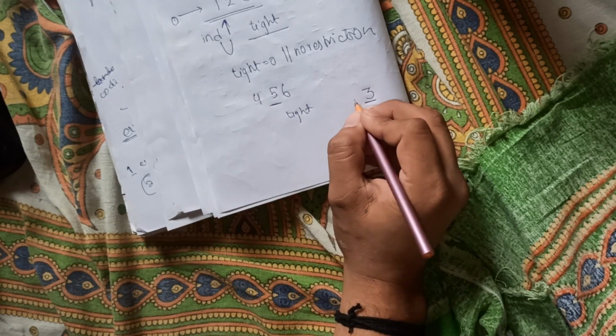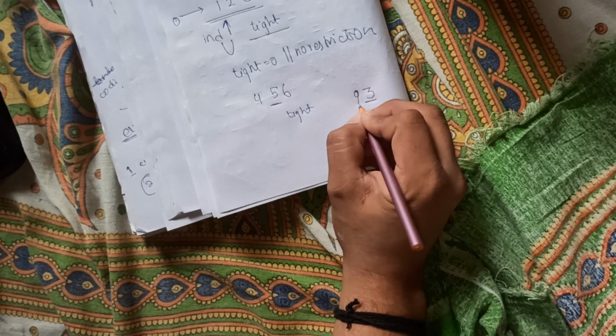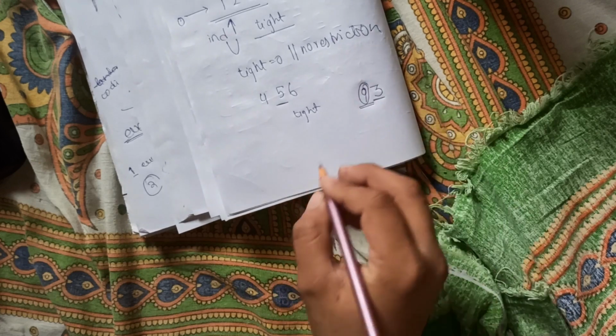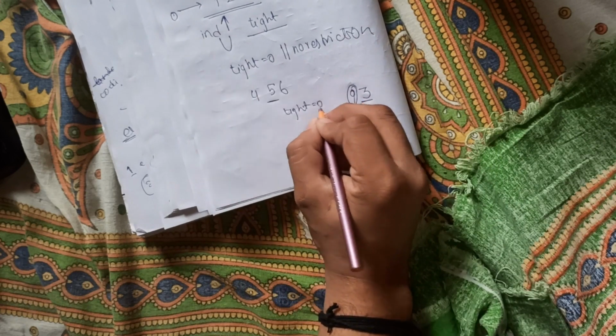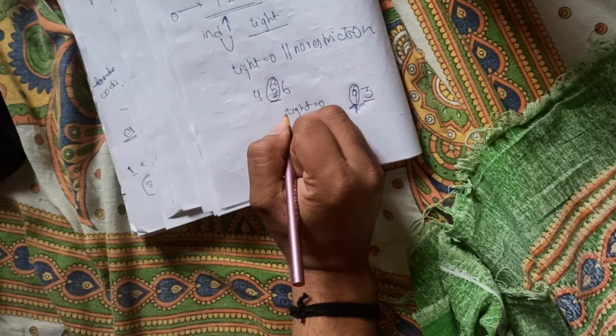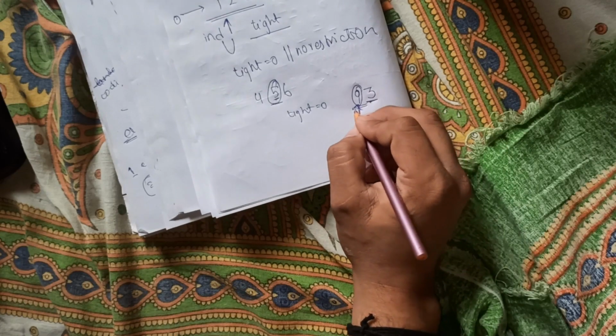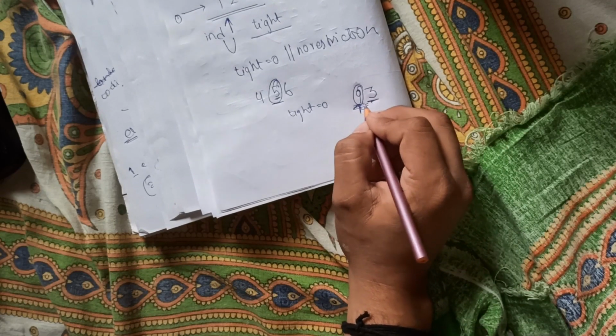Then you can pick any value at this point. Let's say you had a 9 over here. If your type was 0, then you can pick any value irrespective of this value. Means if you had a 3 over there and your type was 0, you can pick 9, right?